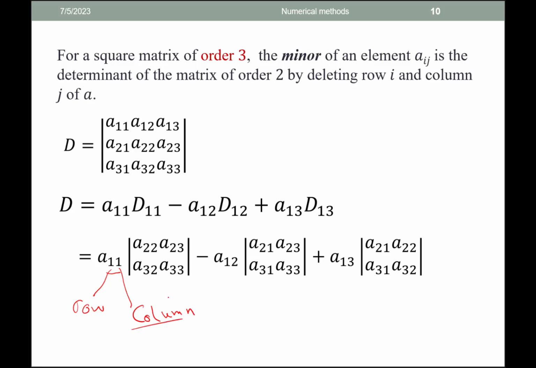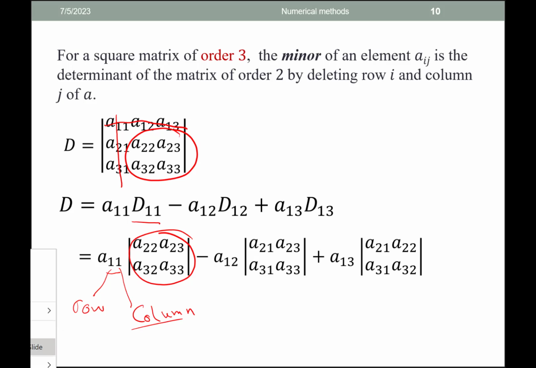All right. So what's happening here is if I want to find the D11, I'm crossing out row 1 and column 1, and I'm using this here as D11. So you can see this is the determinant D11.